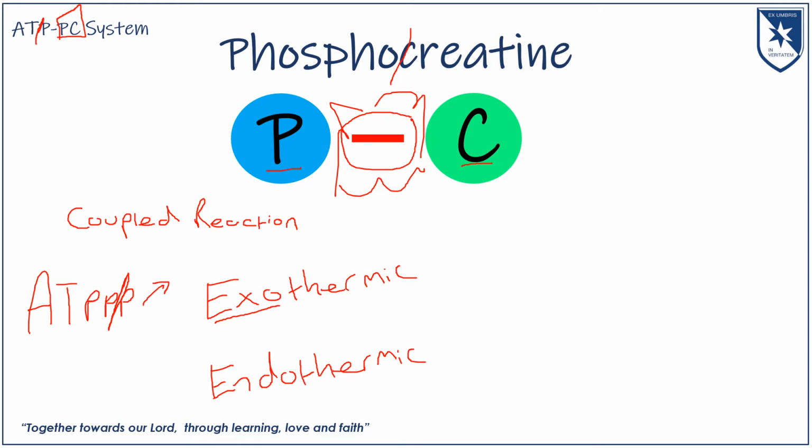An endothermic reaction is going to be adding a phosphate molecule that we're missing. So we've broken down adenosine triphosphate, taking away one phosphate molecule, which is an exothermic reaction. At the same time, a phosphocreatine molecule is being broken down, creating another exothermic reaction.